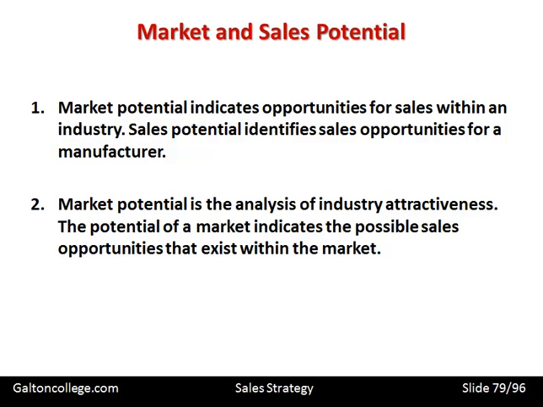So market potential is linked to the attractiveness of the product, the attractiveness of the industry indeed. The potential for a market indicates the possible sales opportunities. So the potential of the market is the opportunities that are there. That's potential. Potential and opportunities are linked.